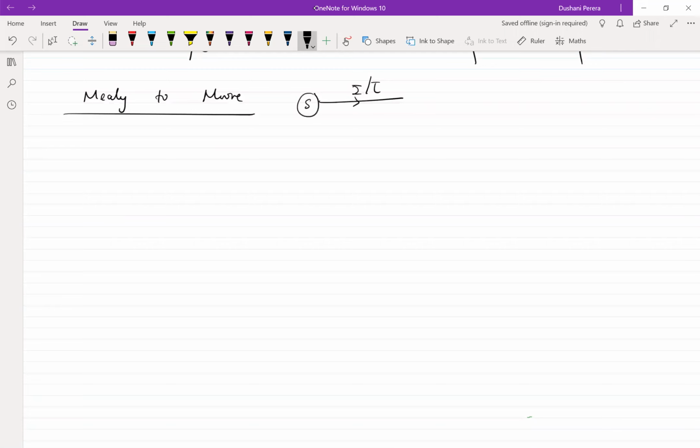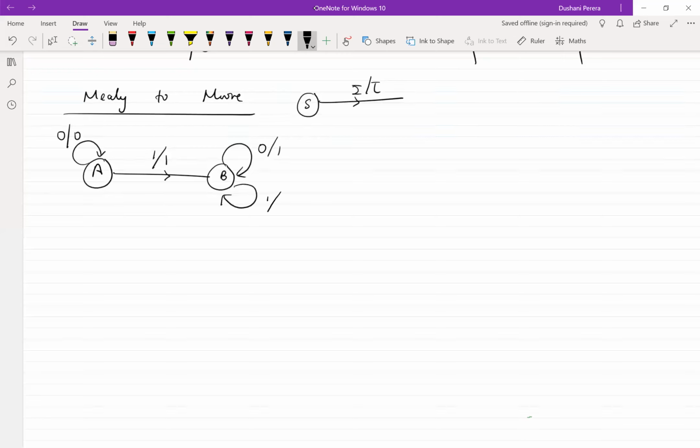Right, so this is the machine you have. Whether you give 1 or 0, we come to B itself when you're at B. This is the initial state.